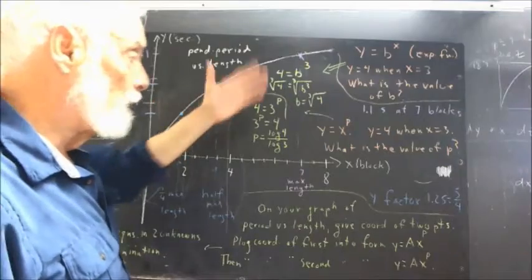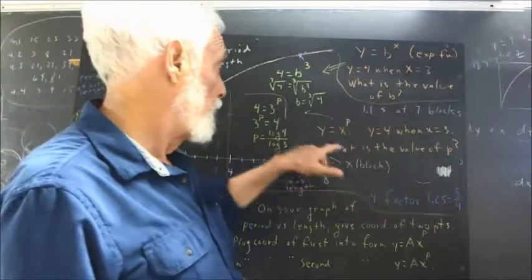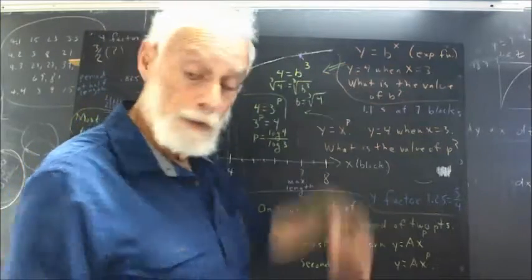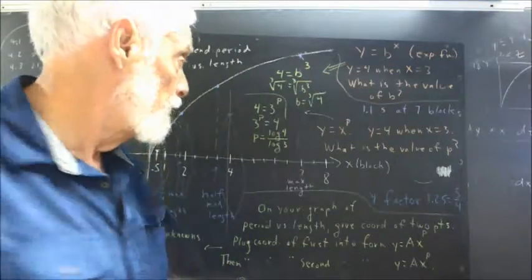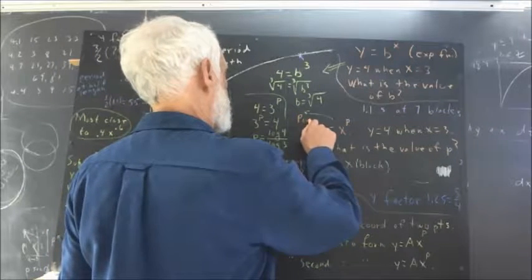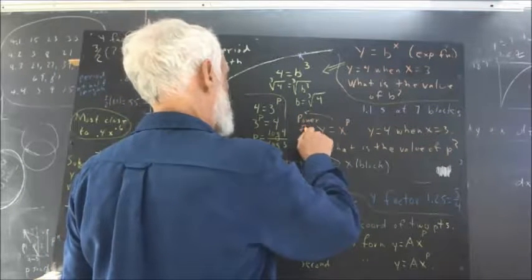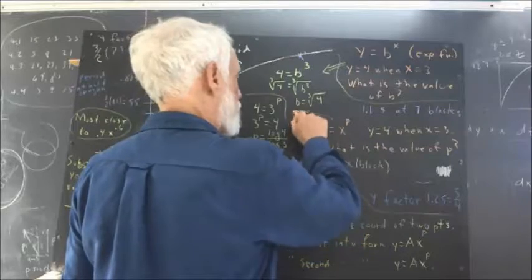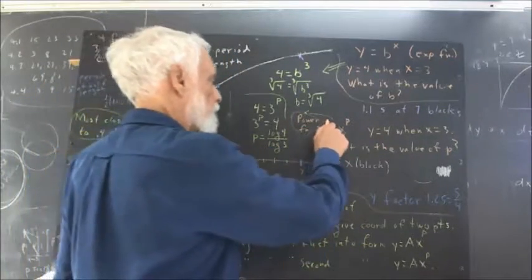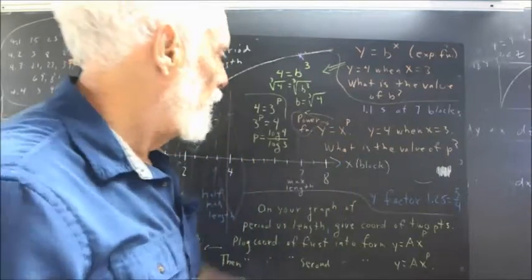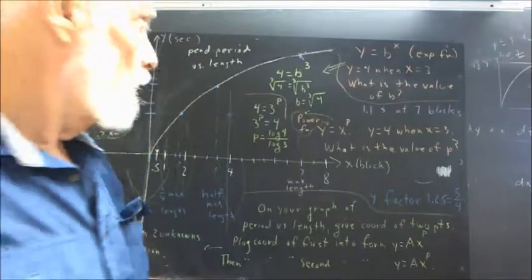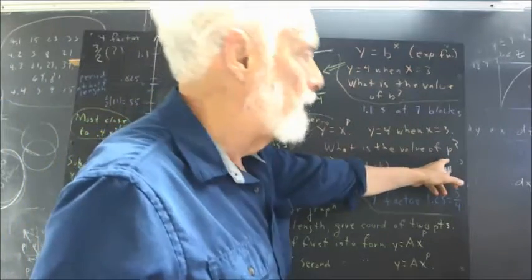Okay, anyhow, another question. y equals x to the p, a different function. This is, of course, a power function. And this time, again, y equals 4 when x equals 3. What's the value of p?